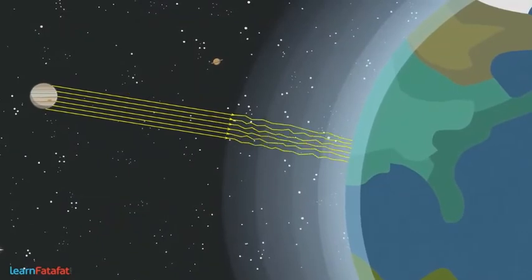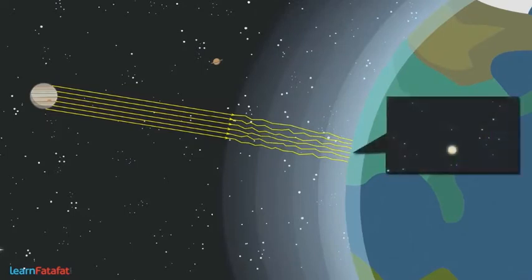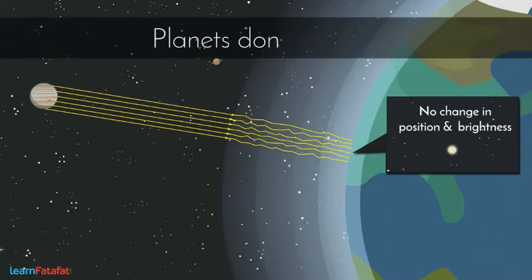But while reaching the observer, they nullify each other's effect. That means neither does the position of the planet change nor is there a change in the brightness of light coming from them. The intensity of incoming light does not change. It remains constant and so planets don't twinkle.